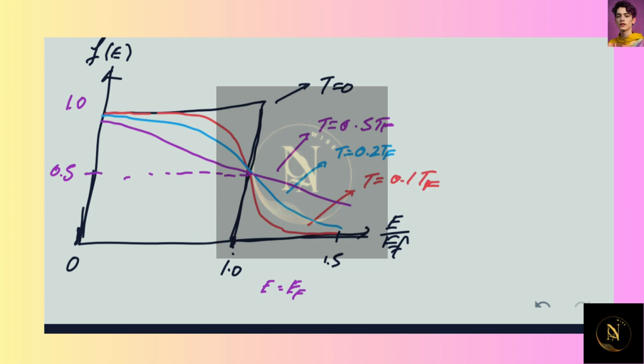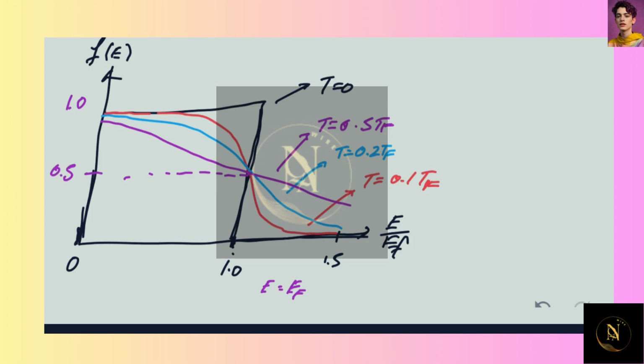There's a 50-50 distribution of population above and below the energy. So there's 0.5 at this point, regardless of whatever temperature you are at.